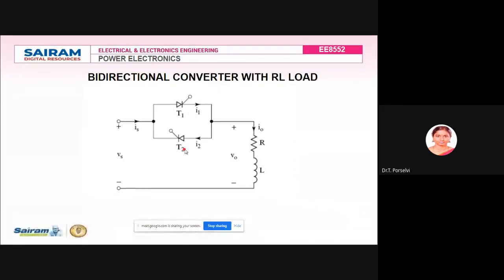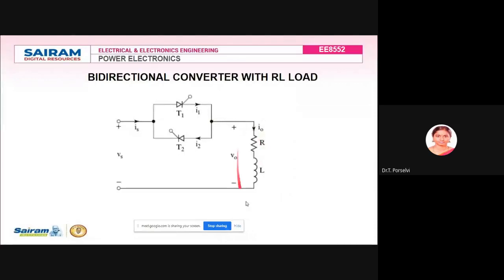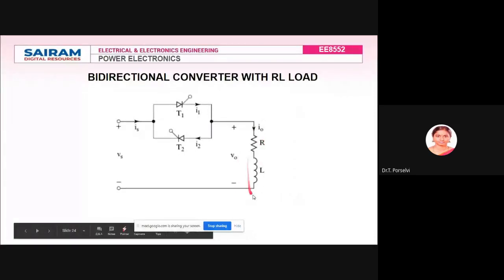You have your AC voltage source, which is a fixed magnitude and fixed frequency, and you will be connecting your load. In this case, the load is your RL load.